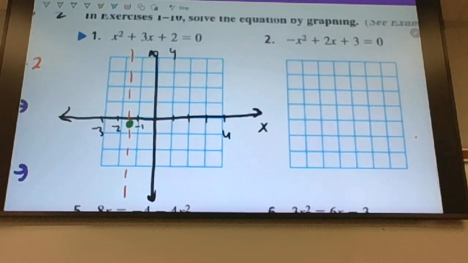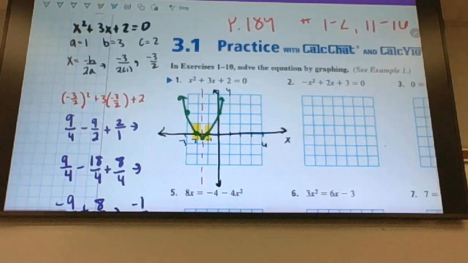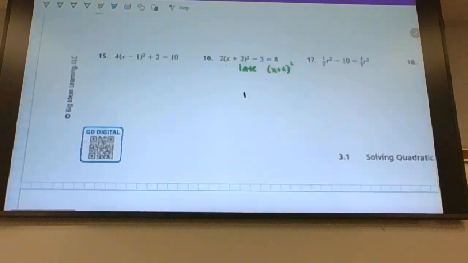So when I plot this, here's the 2 and the 2. And the other ones are just right there. So this point and this point are the solutions. I did all of that work.